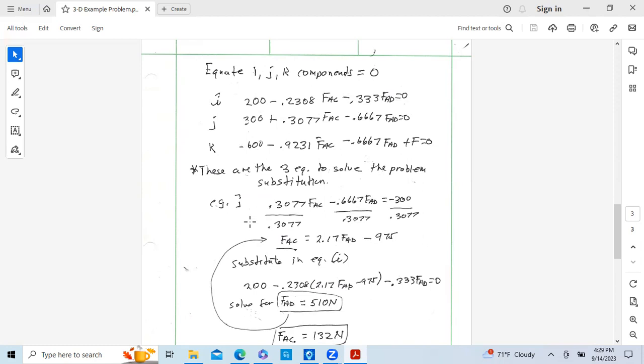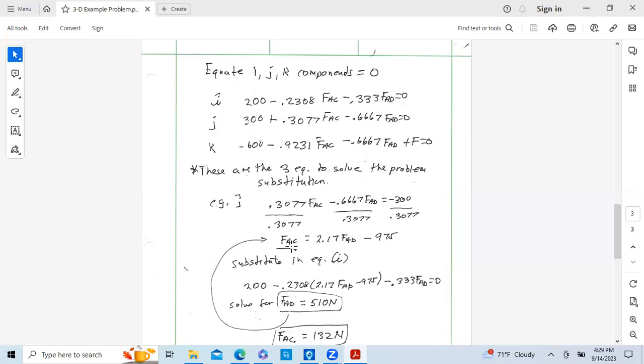So here's the j equation. I divide every term by 0.3077, and what that does is that leaves me with FAC is equal to 21.17 FAD minus 0.975.